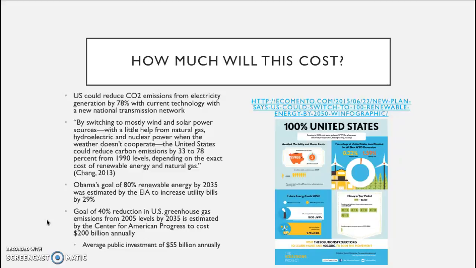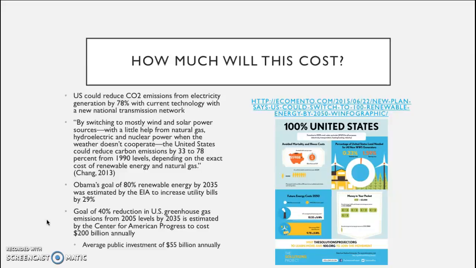So for both of those scenarios, the articles didn't really give a price, but the assumption is that it wouldn't be overly expensive, especially for that top one, because there wouldn't be a whole lot of new technology and innovation. It would just be that new transmission network.